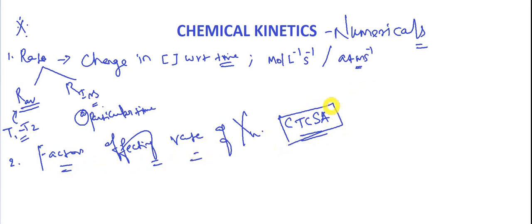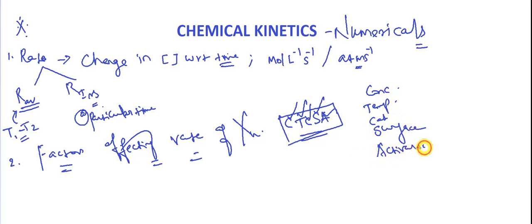That is concentration, temperature, catalyst, surface area, and activation energy. These are the things which influence the rate of the reaction.